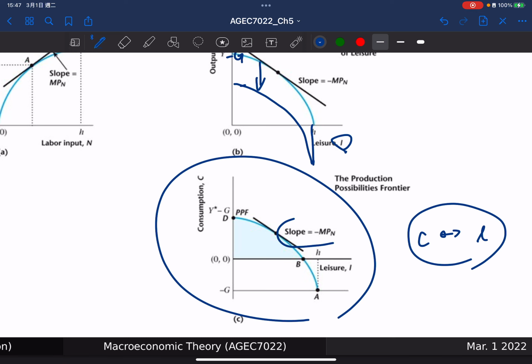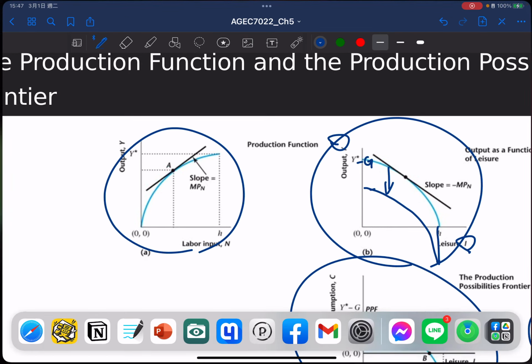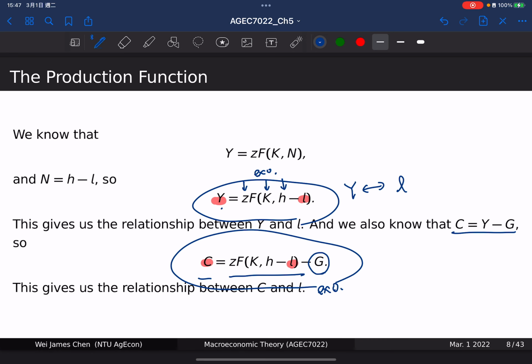And the slope is going to be minus MPN, because this one and this one are a mirror image of each other. Because remember, what I do here is I basically replace the N, the labor, with H minus L. So really it's a mirror image.